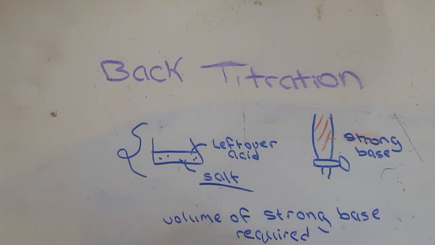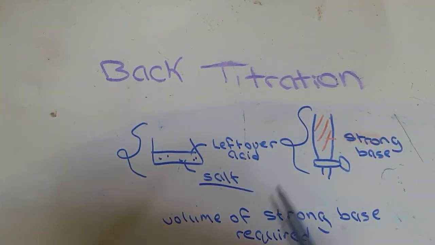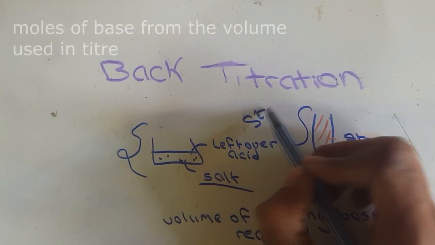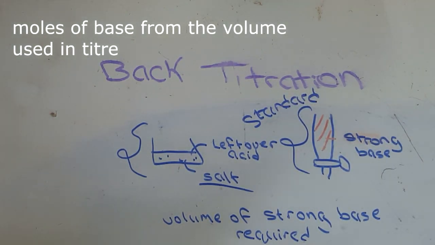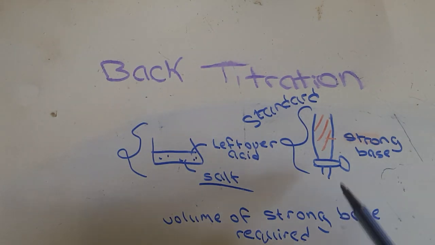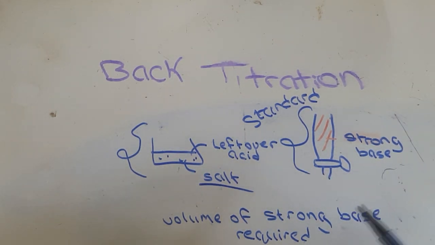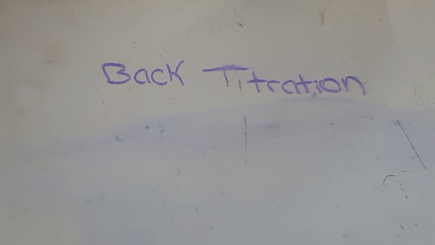Now, using this information, because this is a standard solution, meaning you know the concentration, you can now find the moles of the strong base and therefore the moles of the leftover acid.